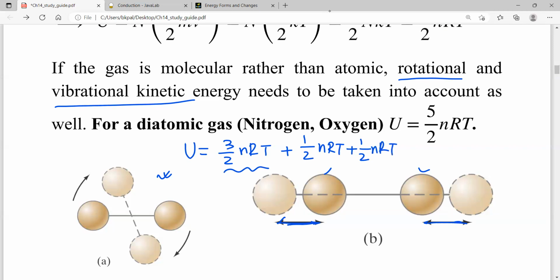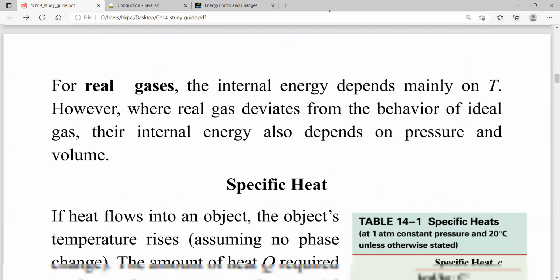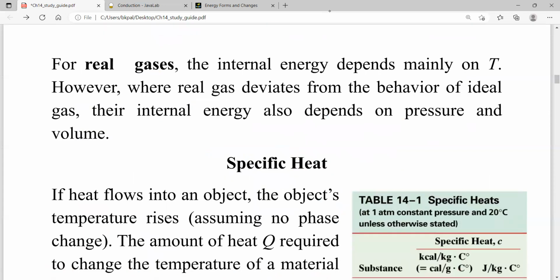And that's why it is 5/2 nRT. So for a diatomic molecule, it works something like this. Now for a real gas, the internal energy depends mainly on T.